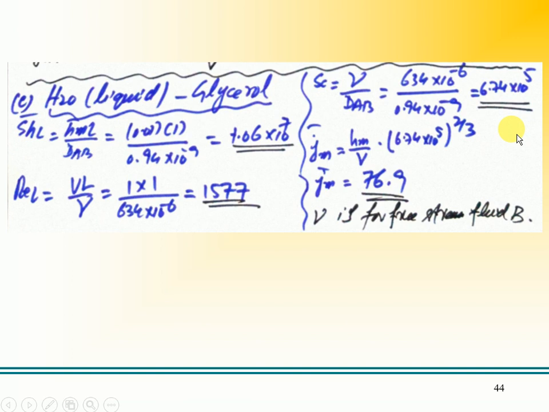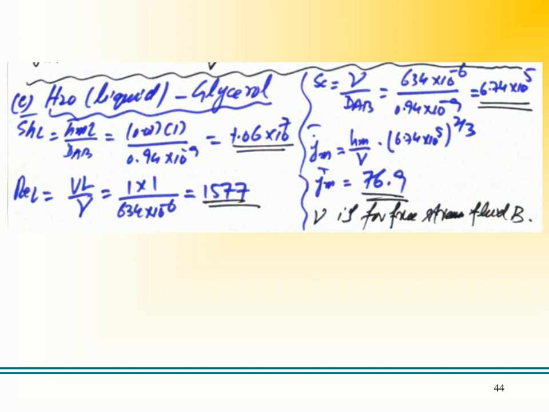This nu is basically, sorry, for glycerol, and the Colburn factor for mass transfer is h_m by V. We find the value of 76.9. So remember that nu is for the free stream fluid B. For the free stream fluid B, we are finding the nu, right? And as for DAB, we are finding the DAB for the two interacting species, which is given in the tables.